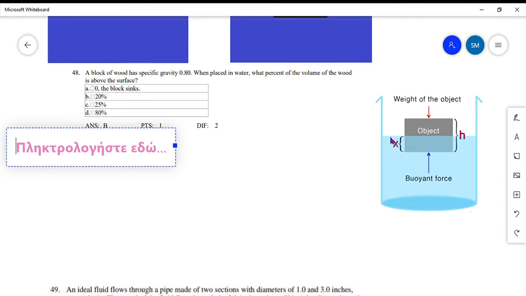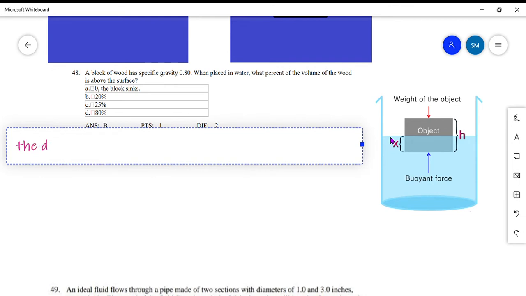He didn't give us the density of the object, he gave us the specific gravity, so it is easy to calculate the density from the specific gravity. The density is equal to the specific gravity, or let me write Sg times 1000, as the specific gravity is equal to the density of the object over 1000, which is the density of the water.